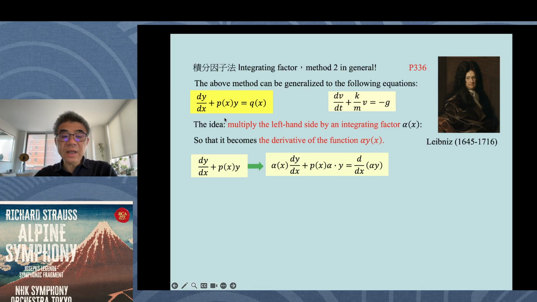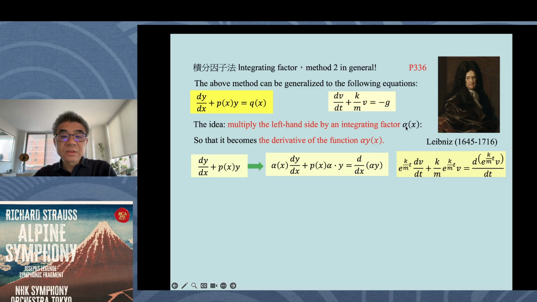The idea is again to multiply the left-hand side and the right-hand side by a function, an integrating factor. Now I will call it alpha x. This alpha x, of course, corresponds to the exponential of k over m times t, which we multiplied both sides by in the earlier derivation.